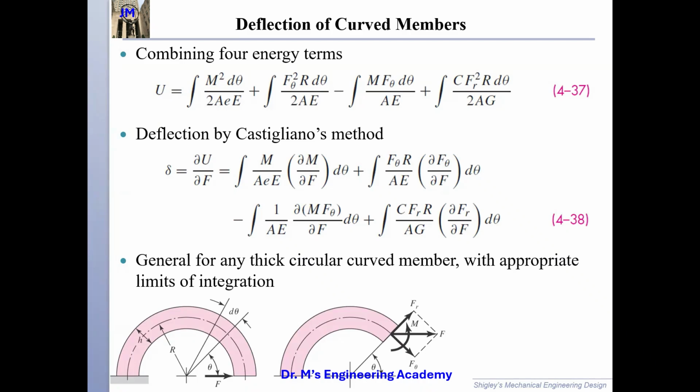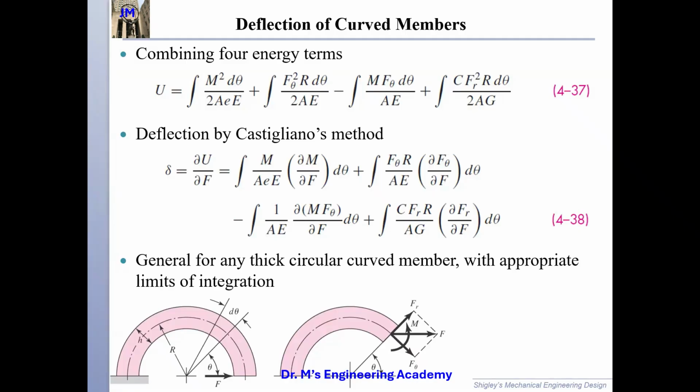Right, guys? You agree? So why is this one negative? I will tell you: this M tends to rotate this point counterclockwise, right? However, for this F theta, we assume F theta is moved to the centroidal axis.